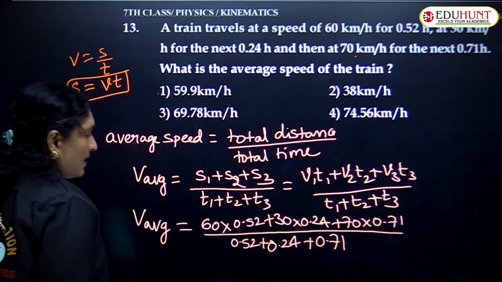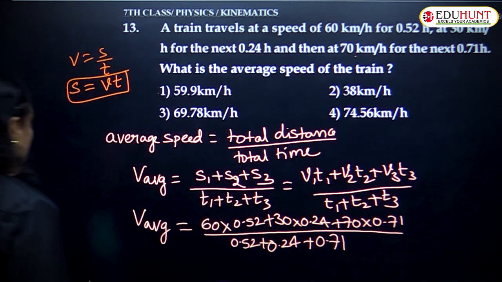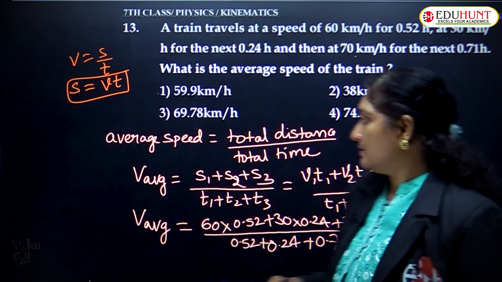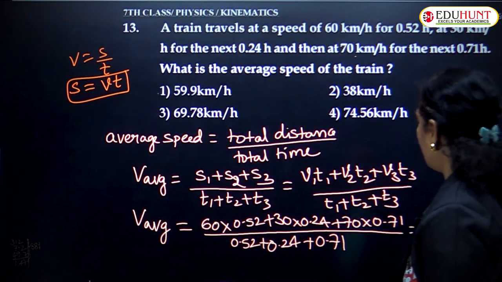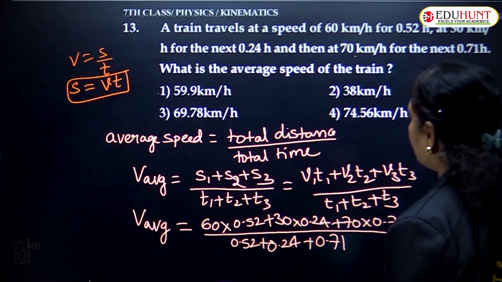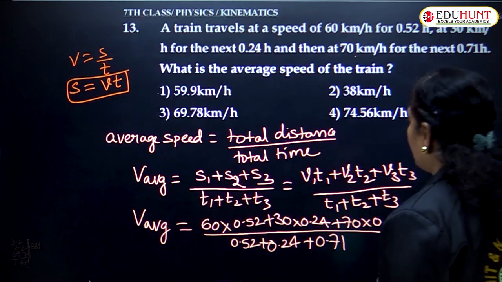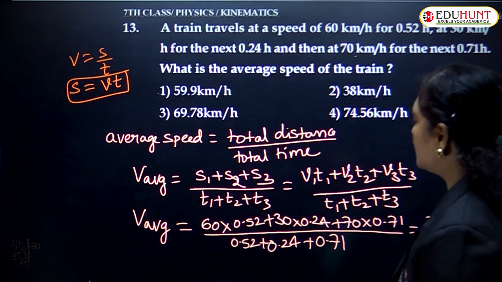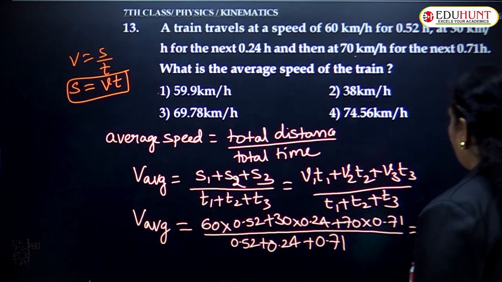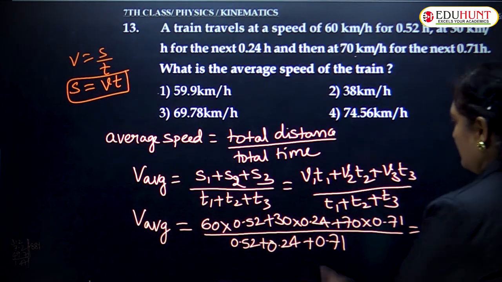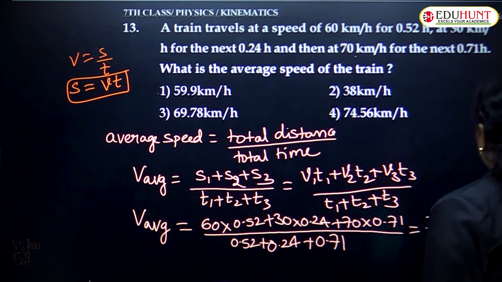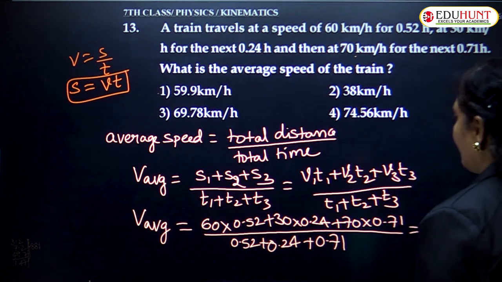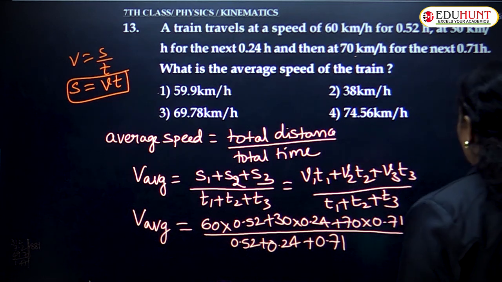After further simplification, we have 60 into 0.52. Children, try simplifying this. So, how much are you getting? 60 into 0.52 will be something around 31.2 plus 30 into 0.24 would be 7.2 plus 70 into 0.71 will be 49.7.